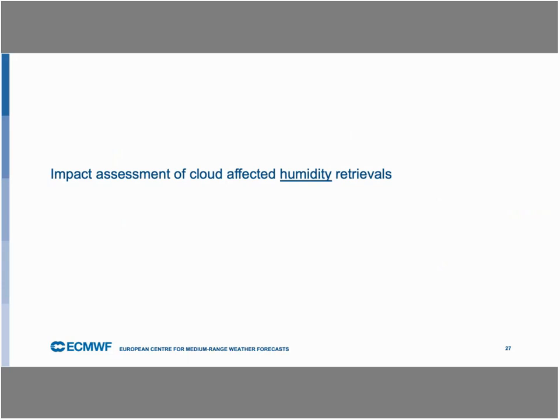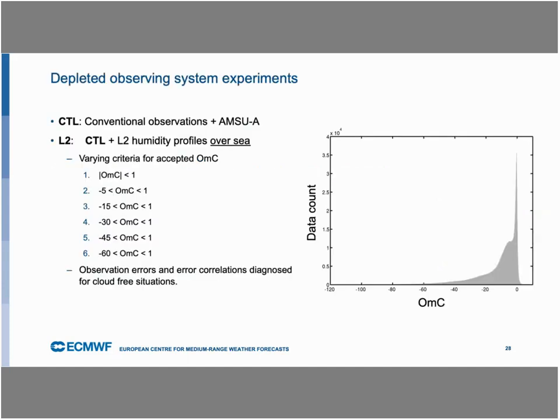So in the end, I will show you some results from the impact assessment of the cloud-affected humidity retrievals. We have done, again, the experimentation in depleted observing system for the same reasons, to get a clearer signal from introducing a new observation type into the system.